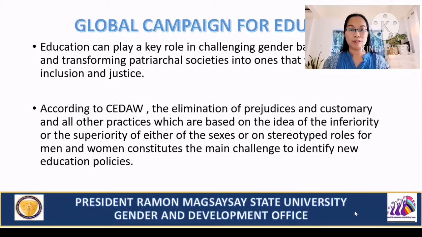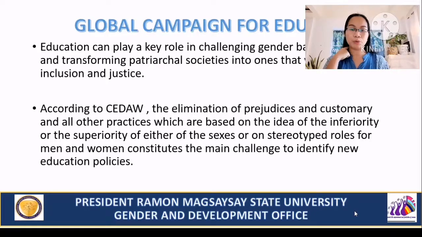According to CEDAW, the elimination of prejudices and customary and all other practices which are based on the idea of the inferiority or the superiority of either of the sexes, or on stereotyped roles for men and women, constitutes the main challenge to identify new education policies.